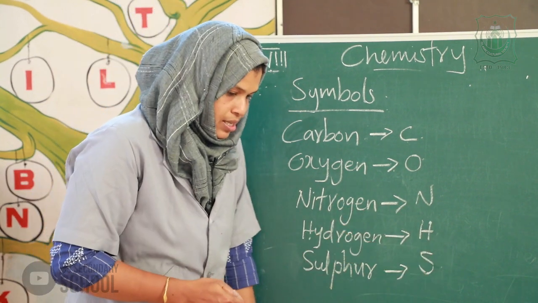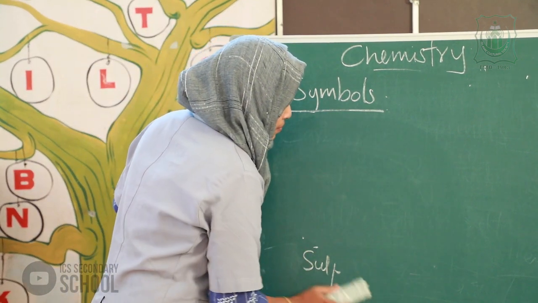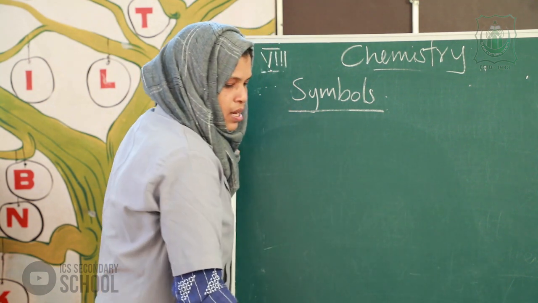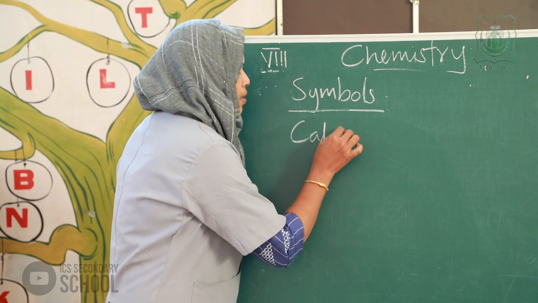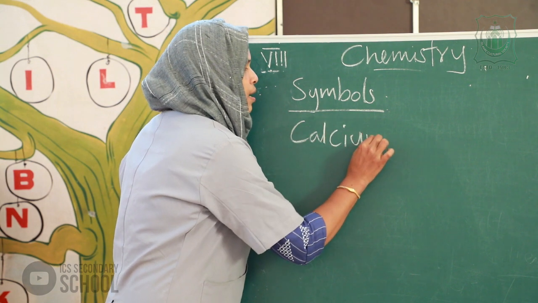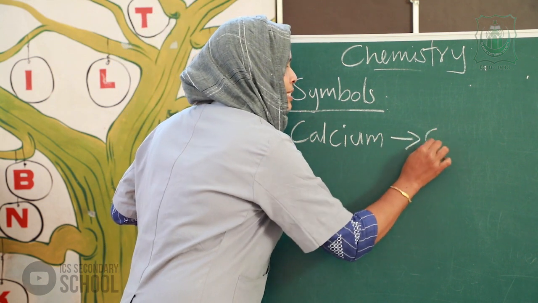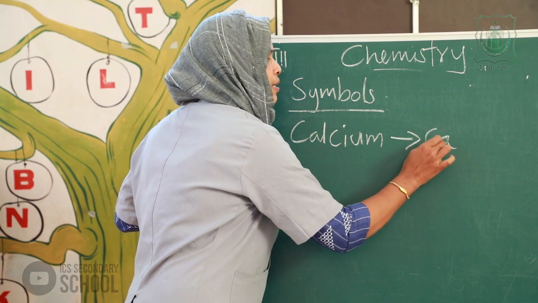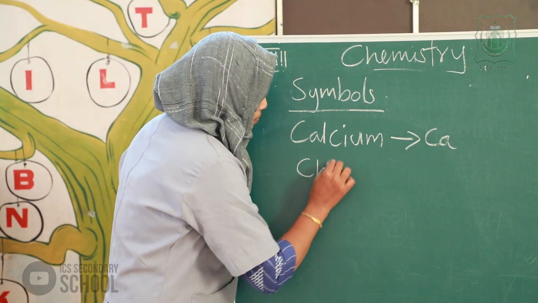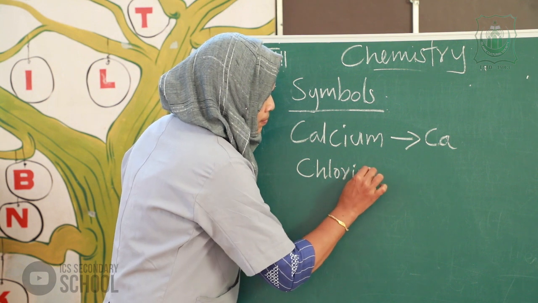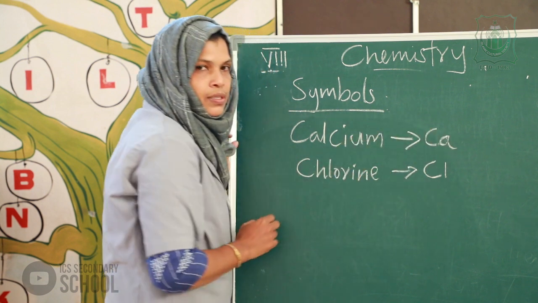Next, consider some other elements. Calcium, symbol is Ca. Next one, chlorine. Symbol is Cl.